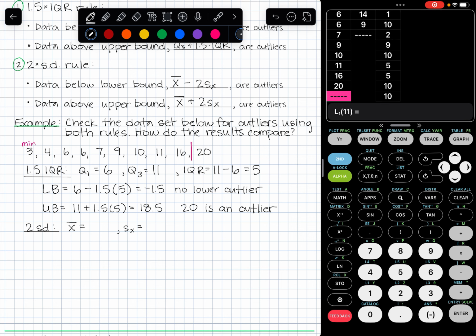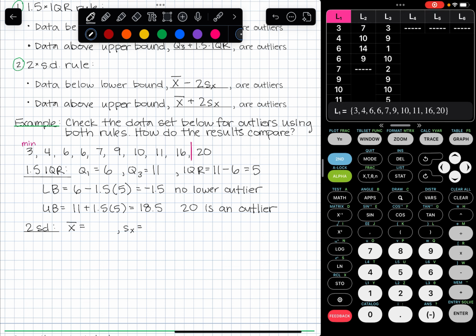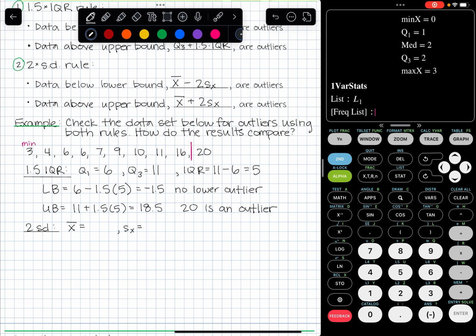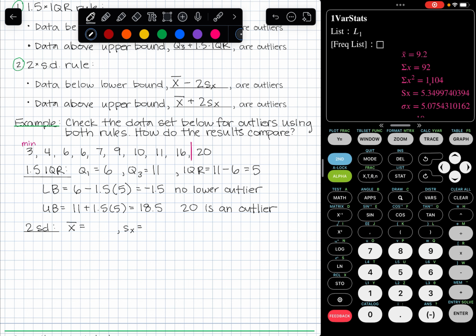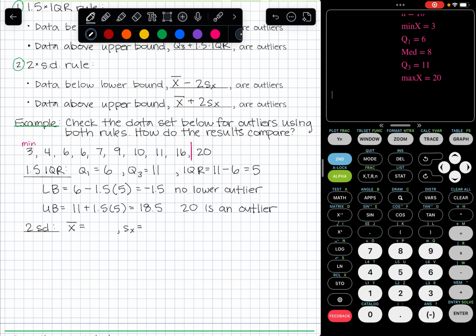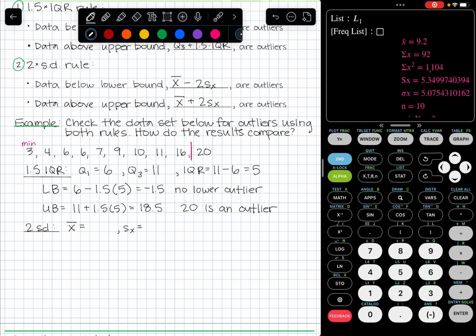My data's in list 1, so I'm going to run 1-var stats on list 1. And you'll notice it gives me Q1 is 6, median is 8, Q3 is 11. That checks out. I'm going to scroll back up a little bit, and I can see that my mean is 9.2 and my standard deviation Sx is 5.3, rounded.